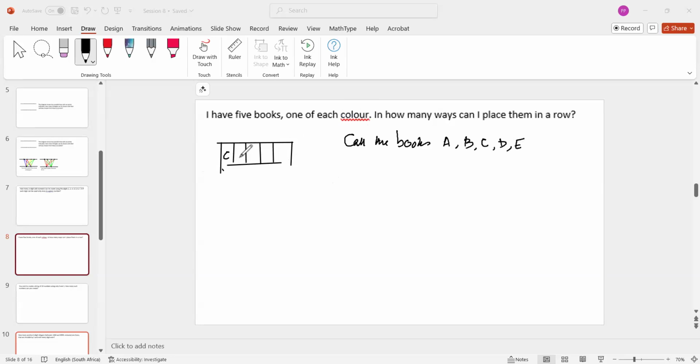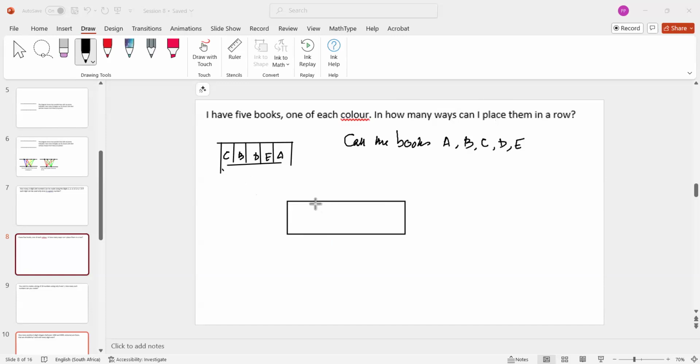You can put C here, B here, D here, E here, and A here. That's one of the possibilities. Like that, you can see there are lots and lots of ways in which you can place them in this row. So the question is, in how many ways can you place these 5 books in a row? We're going to do it the way we've just described.